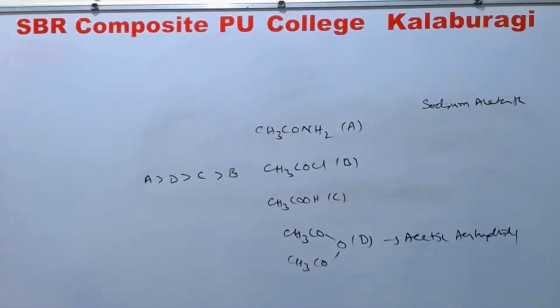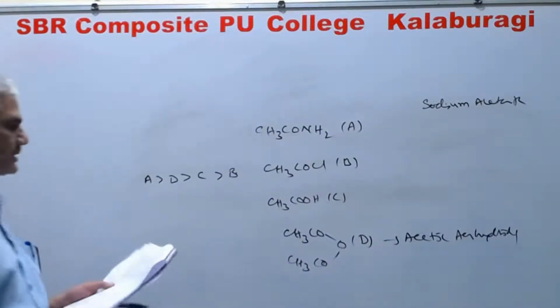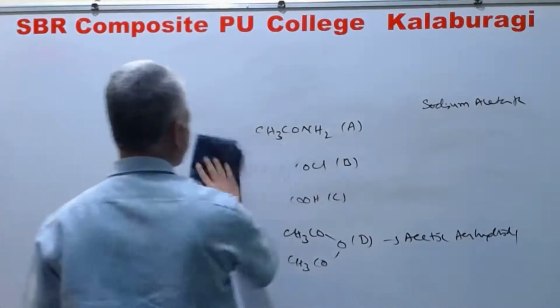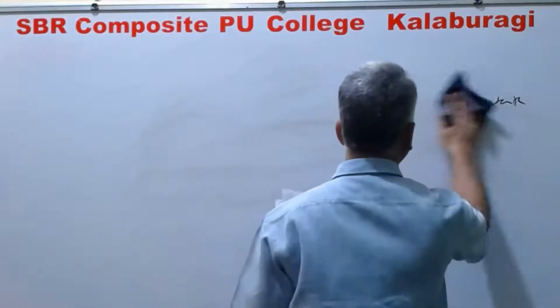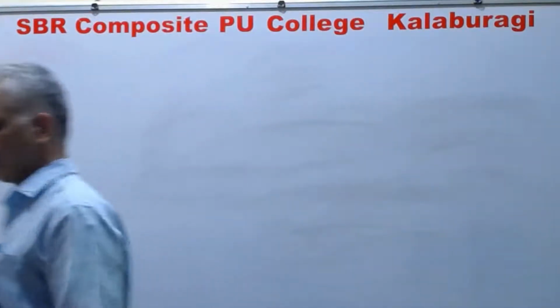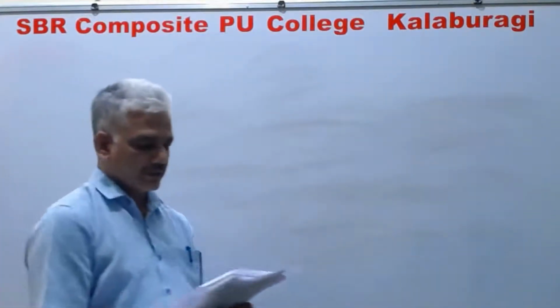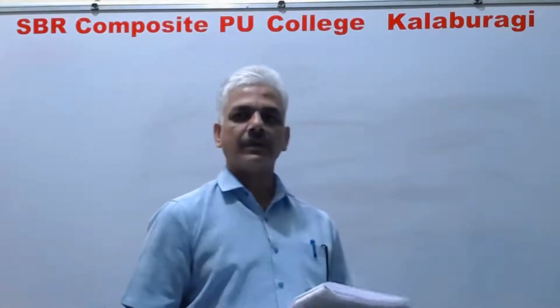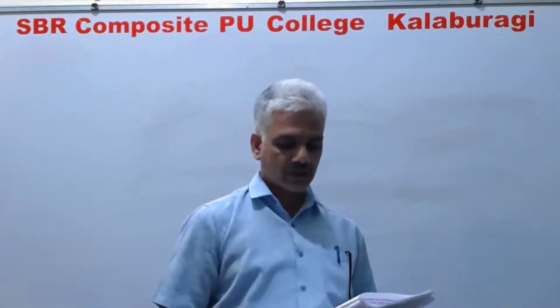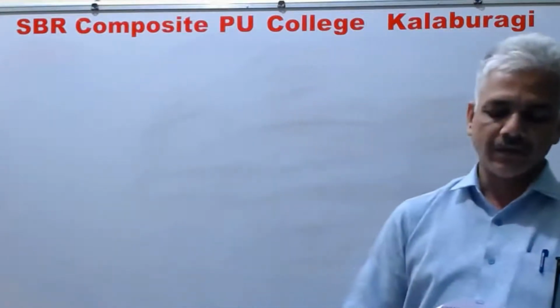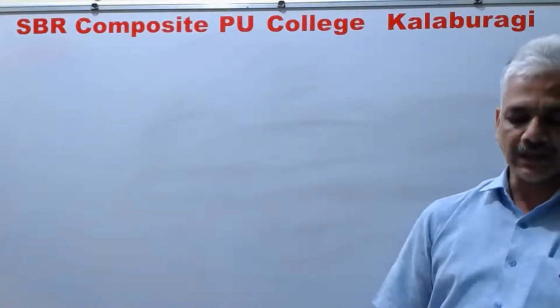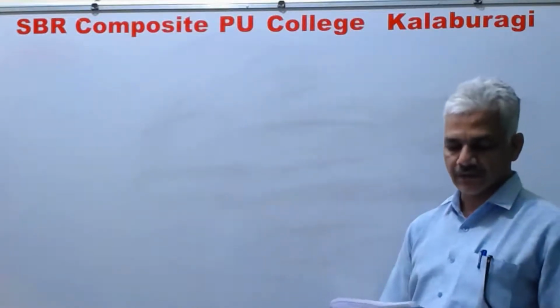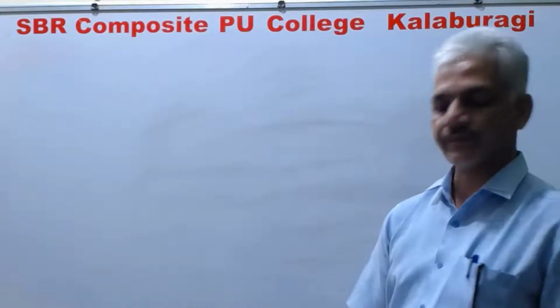Which one of the following is not a fatty acid? For a compound to be fatty acid, minimum number of carbon atoms present should be 12. So among the given options, fourth one, that is phenylacetic acid, has less than 12 carbon atoms. So you can go with that compound.